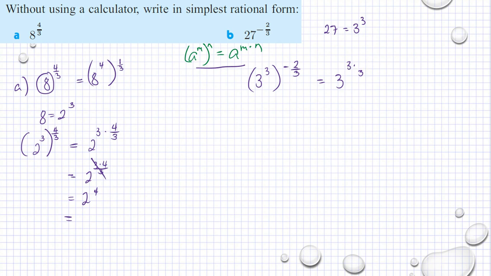Then I will do this: raised to negative 2/3 multiplied by 3. I will put that in parentheses. And then we have 3 raised to, then this one will be 1. Then we have negative 2. It's all right that way. Or we have 1 divided by 3 raised to 2. Or we have 1 divided by 9.